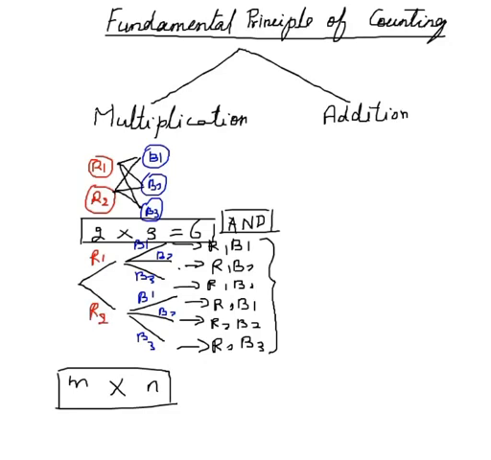We may have three events also. For example, the first event can occur in m ways, the second in n different ways, and the third one in p different ways. So the total number of ways will be m into n into p.